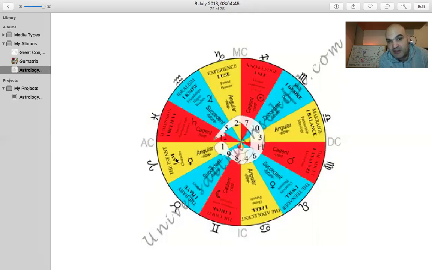So these yellow sections are called angular houses. The succedent energy corresponds with fixed energy, and the cadent houses correspond with the mutable energy. So the cadent houses are the weakest houses, and the angular houses are the strongest houses, and obviously the succedent are a bit of a mixture of both.